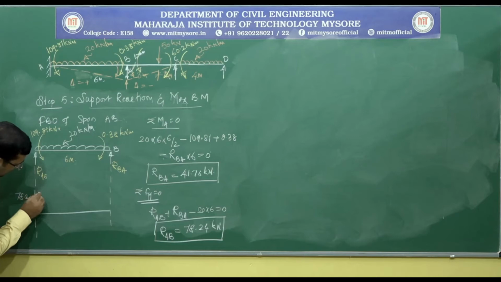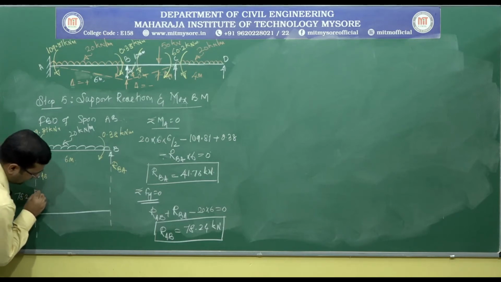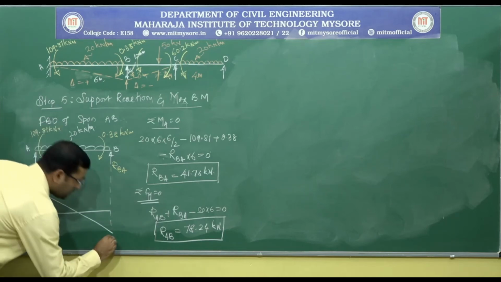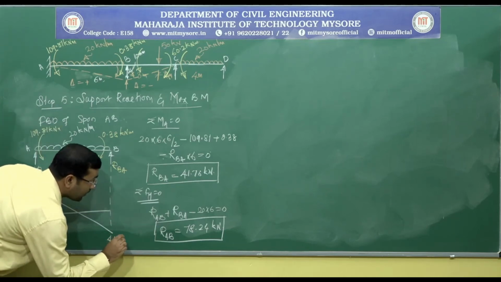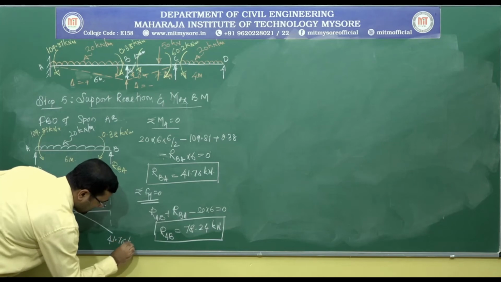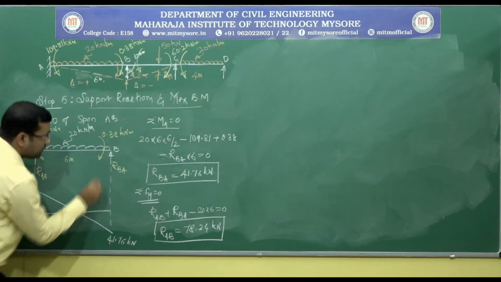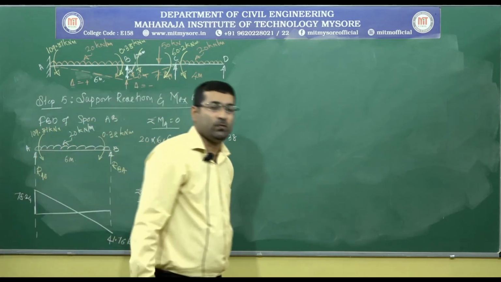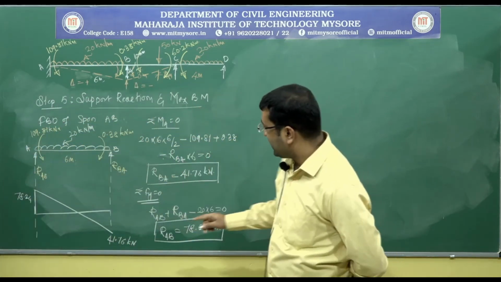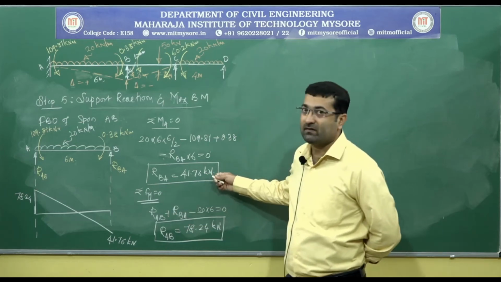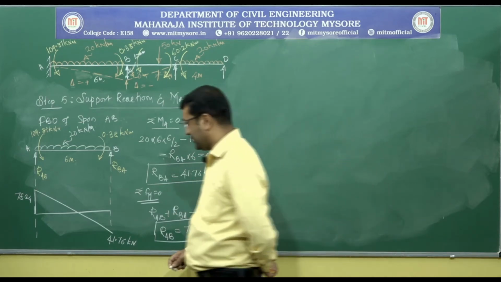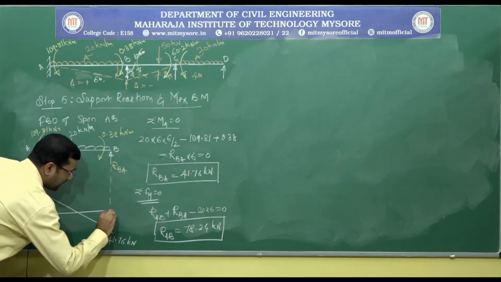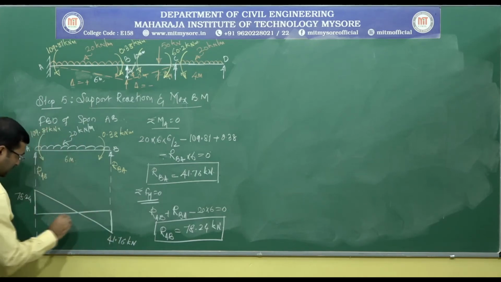So, minus indicating a negative, I will take the shear force diagram on the negative side. So this is minus 41.76. But at point B we have another reacting force which is acting vertically upwards. So minus 41.76 plus 41.76, it is 0. So from here I have to take the line vertically up. So this will be the 0 point.